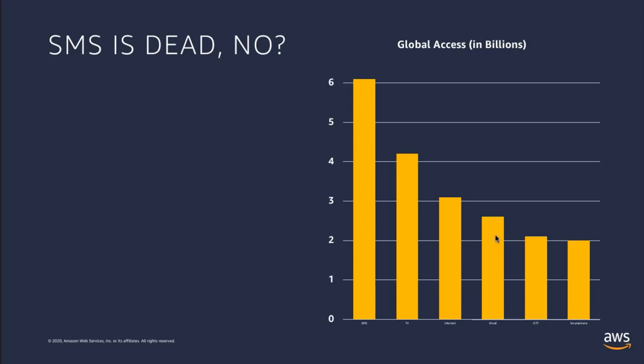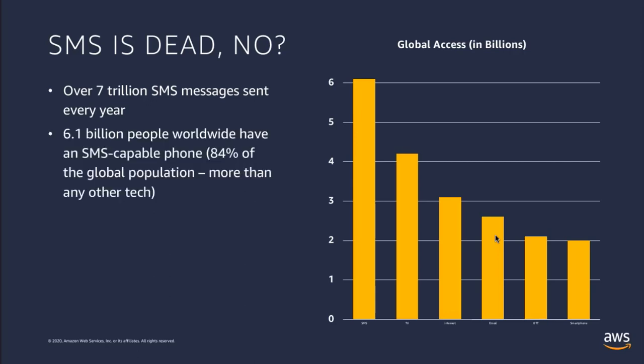I think there are some data points that I want to share that are really interesting. First, over 7 trillion SMS messages are sent every year, so it's a really effective communication channel. Over 6.1 billion people have an SMS-capable phone, that's the chart you see to the right.